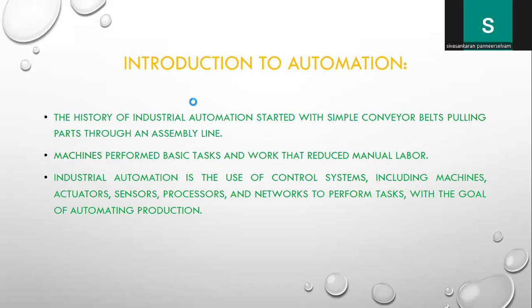Following the objective of the topic, now let us go deeply into the introduction to automation. So what does automation exactly mean? Let us go back to the prehistorical development of industrial automation. The very first industrial automated equipment present in the assembly line is the automated belt type conveyor system.